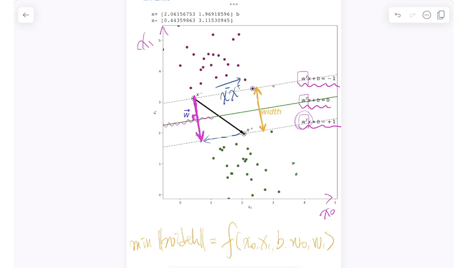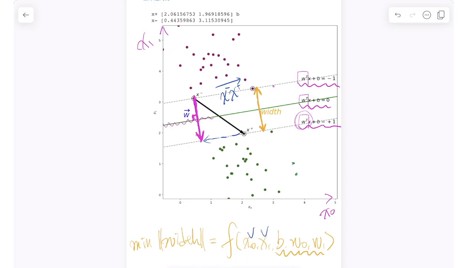The width is a function of all the parameters and all the data points. Again, we already know x1 and x0 because we have all those data points.